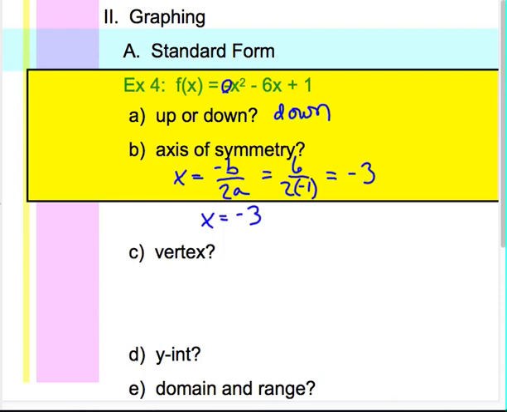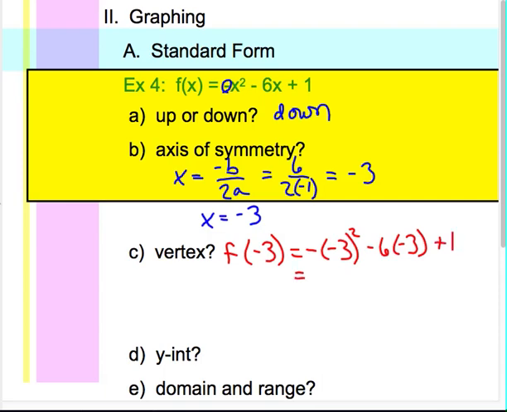To find the vertex, you take the x-coordinate for the axis of symmetry and substitute that back into the function. So we're evaluating f of negative 3. So it becomes negative 3 squared minus 6 times negative 3 plus 1.